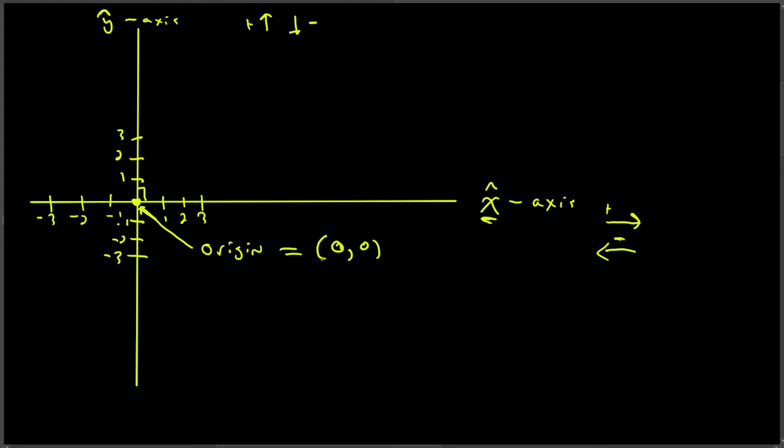So the origin is this collection of numbers, which we're going to call an ordered pair or a coordinate. And the ordered pair, you do the x value first, then the y value.